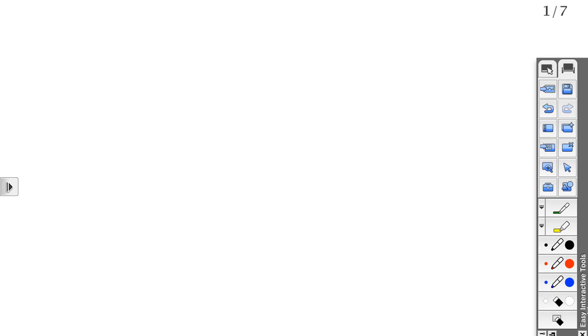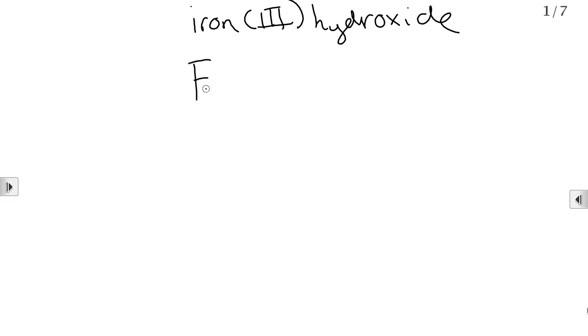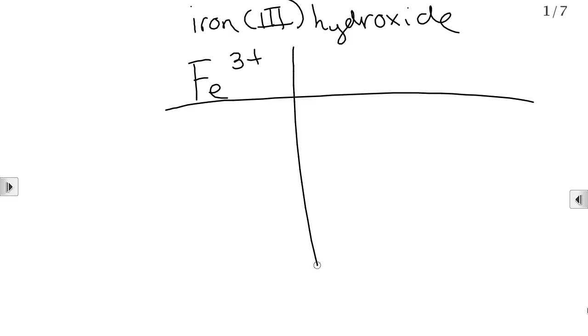So, moving on. Iron III hydroxide. Let's do that one then. So I have iron III hydroxide. What does that Roman numeral tell me? So that 1 iron is 3 plus. And then what's the formula for hydroxide?